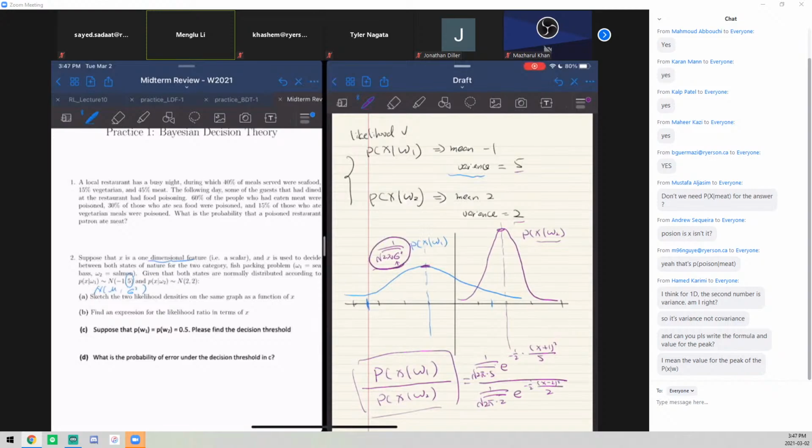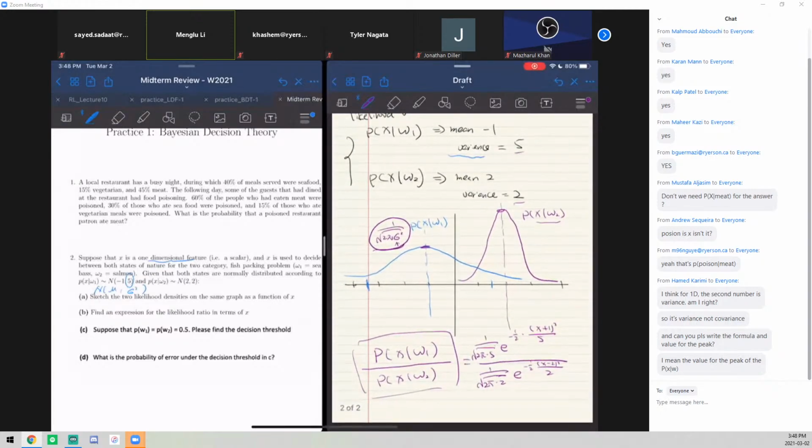The formula is this one, and that's the maximum value of the Gaussian. I didn't calculate the exact value.